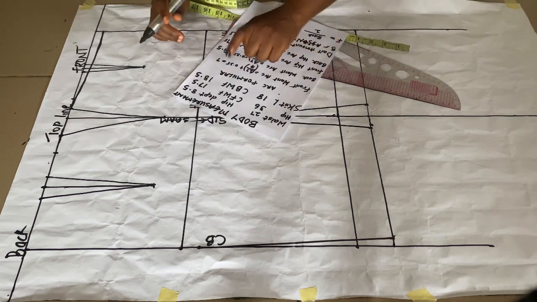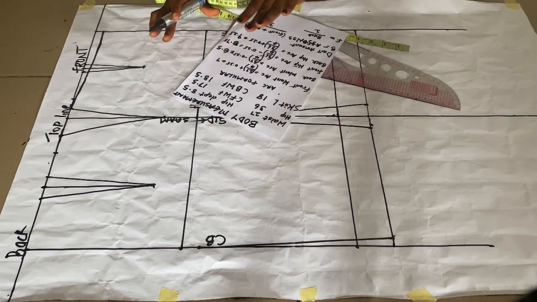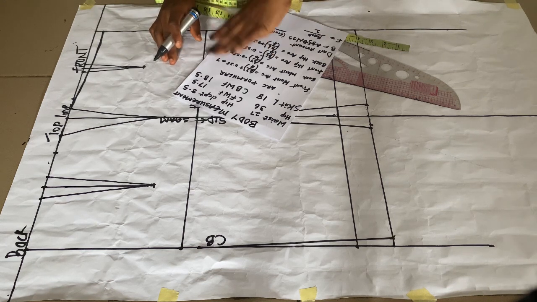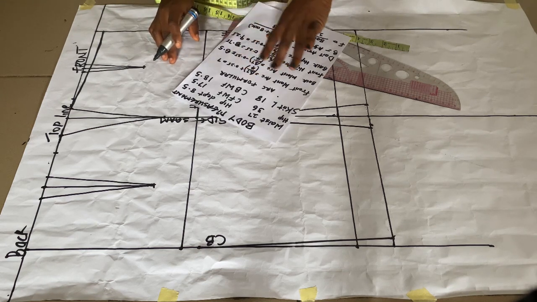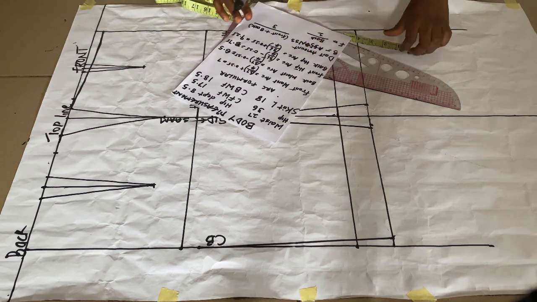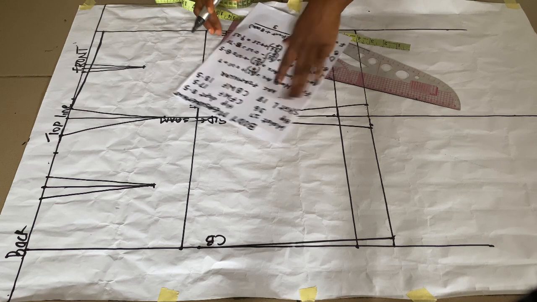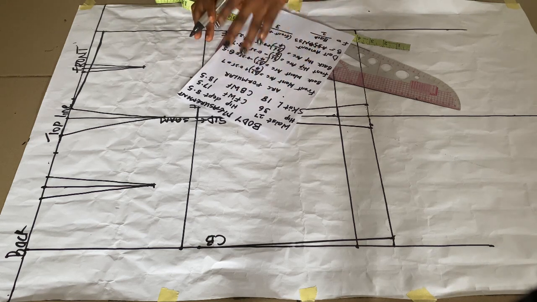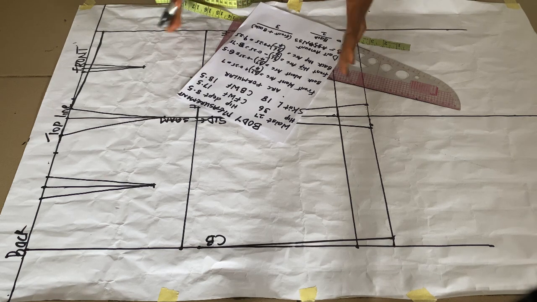And also the center back waist to floor measurement is 18.5. Because some people the butt might be big at the back, you have to take this center back waist to floor measurement and also the center front waist to floor measurement just to be accurate, so the skirt will not be either lifting at the front or raising at the back.